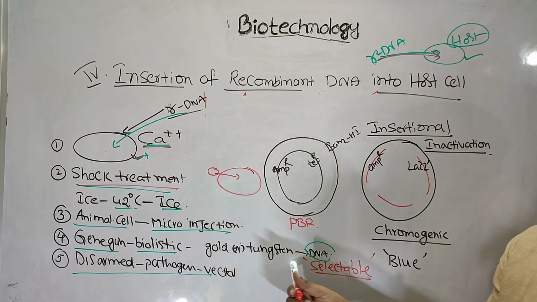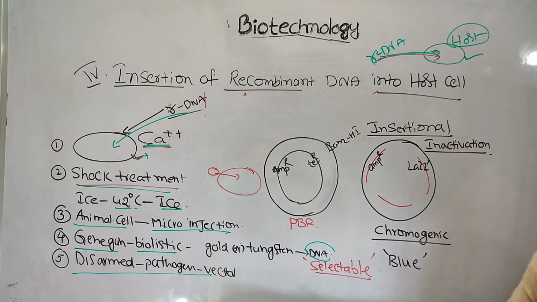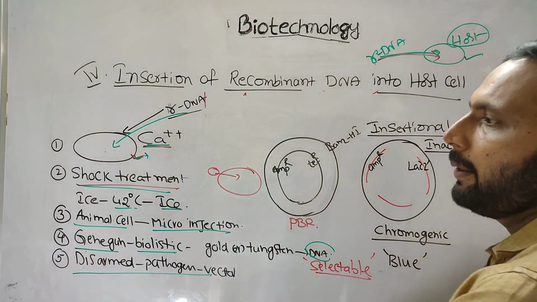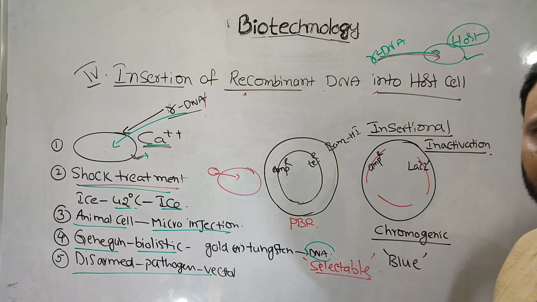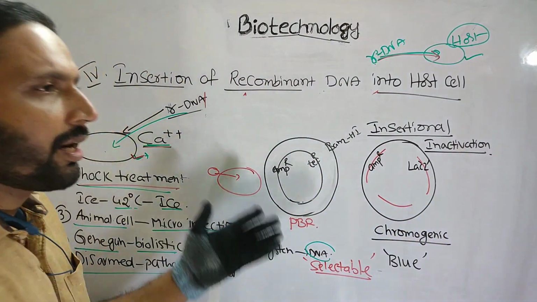That is possible only if the plant cell is the host. Like that, the final method is using disarmed pathogen vectors. So these are the methods for conversion of competency. Finally, these are the transformed cells.